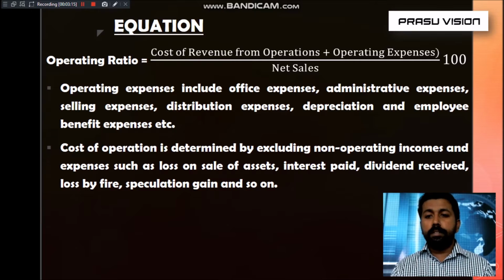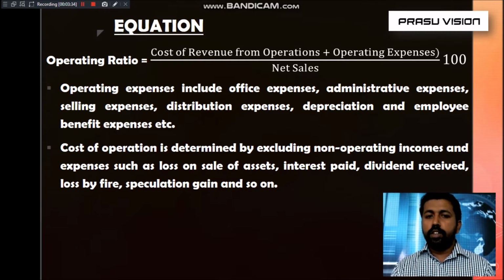Always remember what items come under operating expenses. Remember the items coming under administrative expenses: office expense, selling expense, distribution expense, depreciation and employee benefit expense.